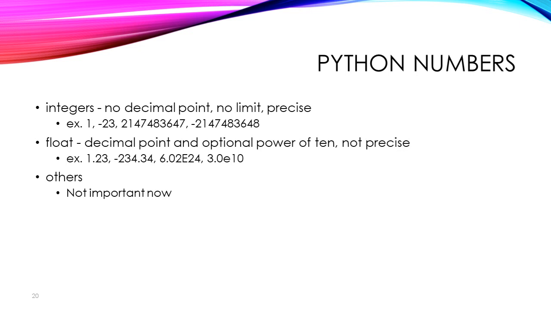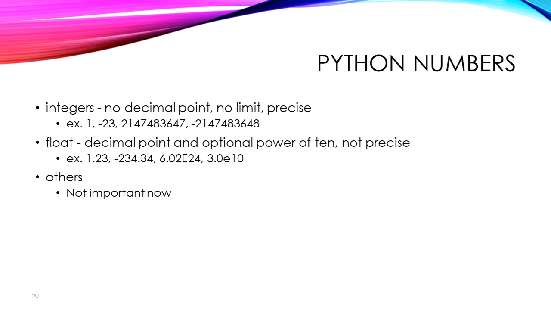Now, it's time to talk about the different types of numbers that are in Python. Python actually can deal with lots of different types of numbers, but we're only going to look at two here. One are integers, and basically numbers with no decimal points. The way Python was designed is there's no limit.